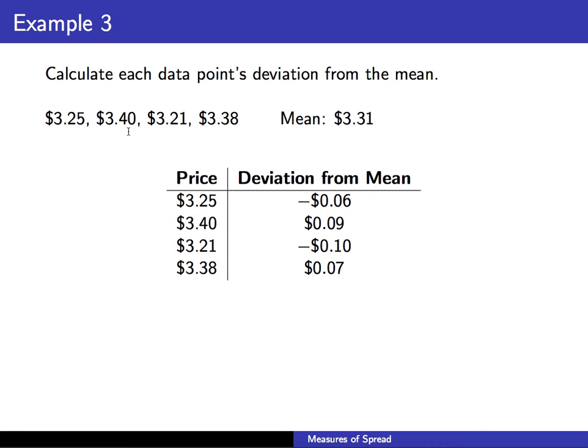And then same thing with $3.40, we take 3.40 minus 3.31, we get 9 cents above the mean, so positive 9 cents. And then do the same with the other two data values. We'll get negative 10 cents for $3.21, and we get positive 7 cents for the $3.38. So our two data values that are below the mean have negative deviations, and our two data values that are above the mean have positive deviations.